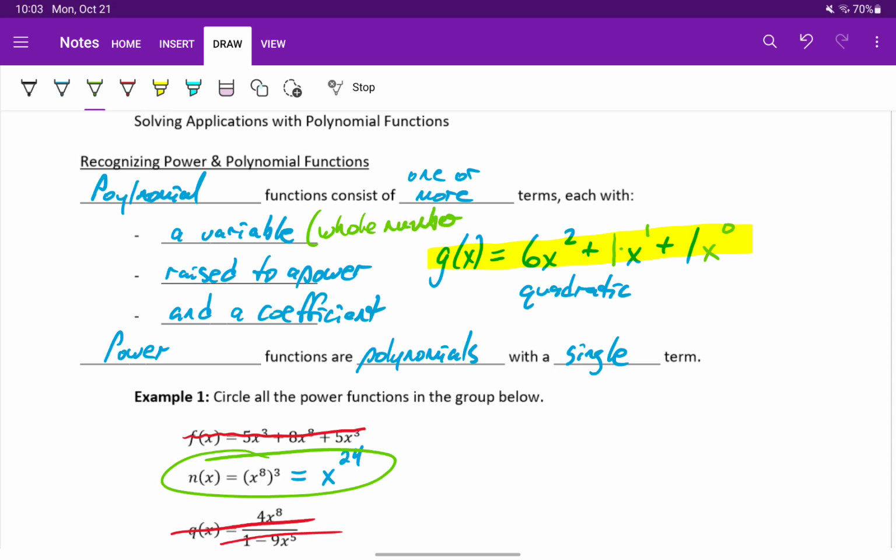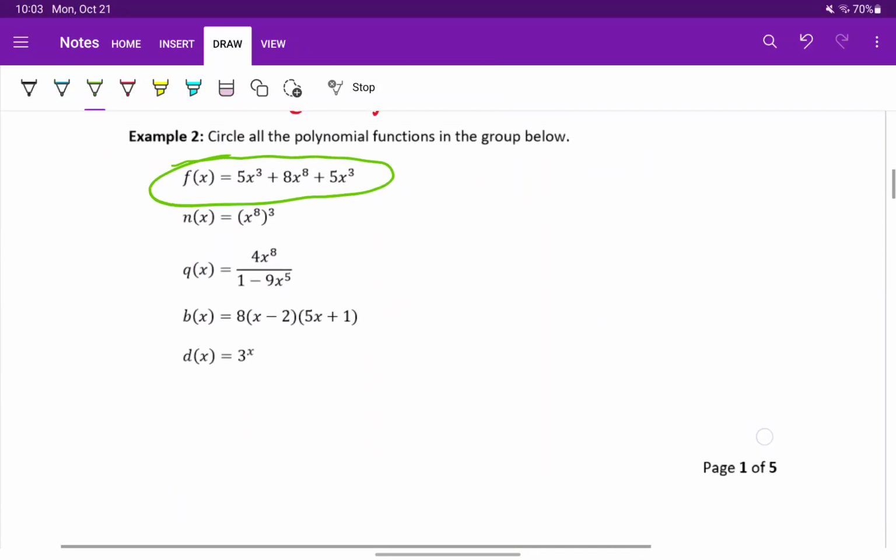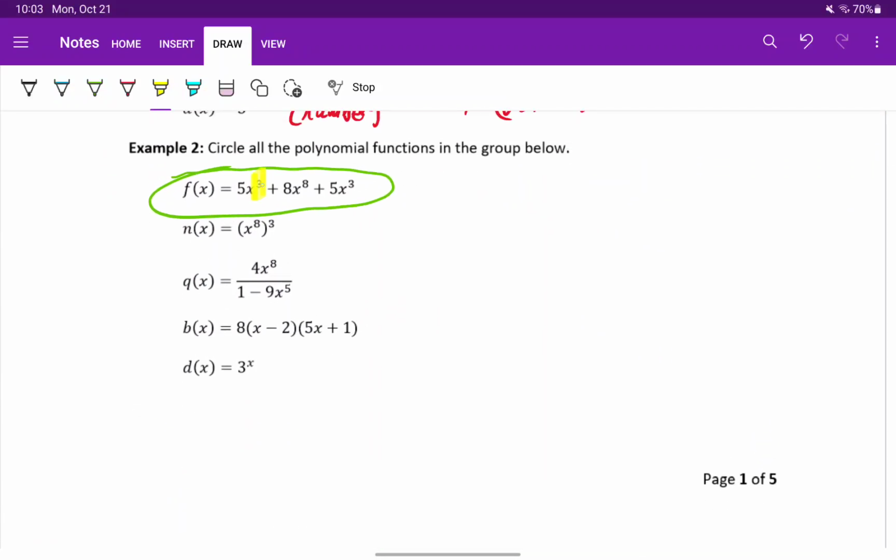I'm sorry, not the variable. That exponent, the power that we raise it to, needs to be a whole number. So if we have fractional powers or negative powers, that would not be a polynomial. We have to have a whole number value for each of those exponents to be a polynomial.